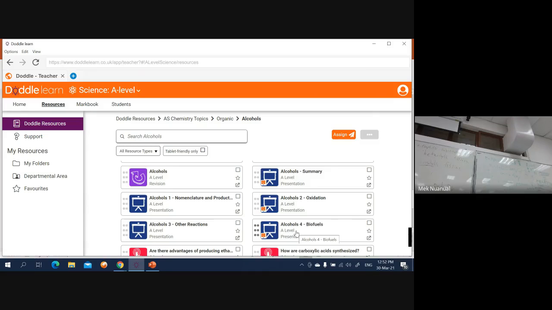So how you understand it, you might have to do this for a normal distillation as well.